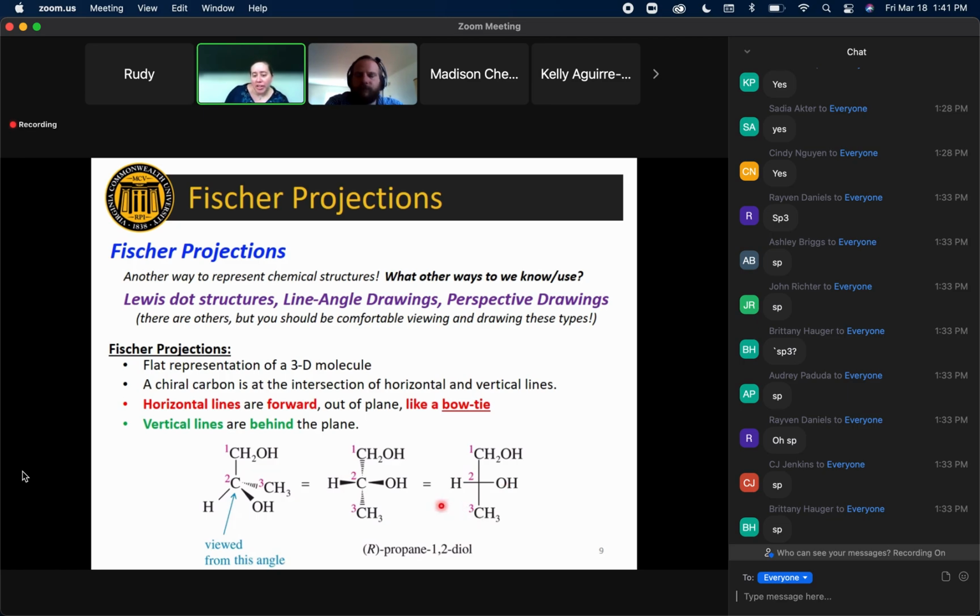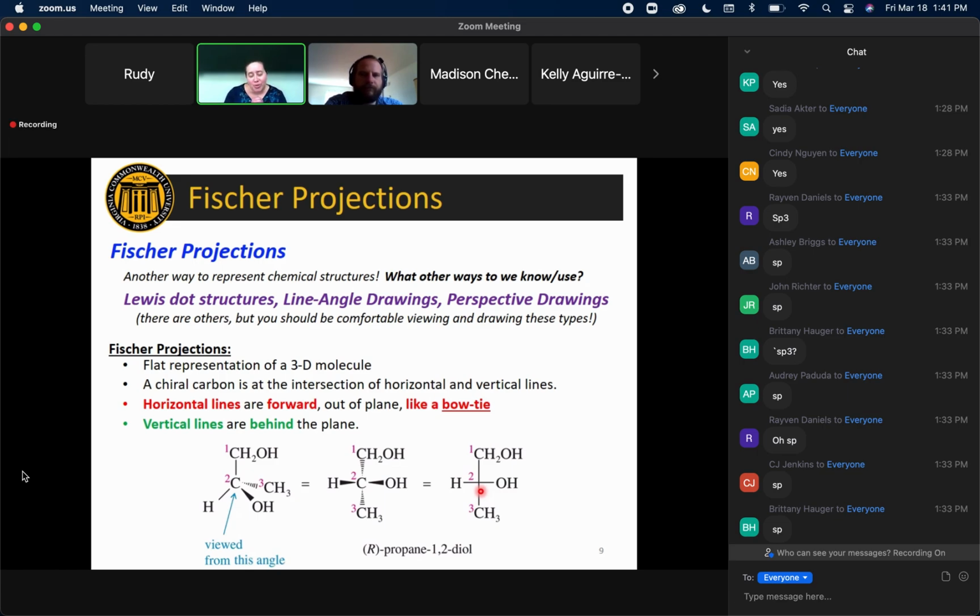But if we call this a Fischer projection as it is flat, then every chemist will know, just the same way every chemist knows that a wedge bond means this OH group is coming out of the page at you. If I call this a Fischer projection, that means these two are coming towards you in a bow tie fashion, and these vertical ones are going away from you, like the dashes. So it's a very strange way to look at these molecules.